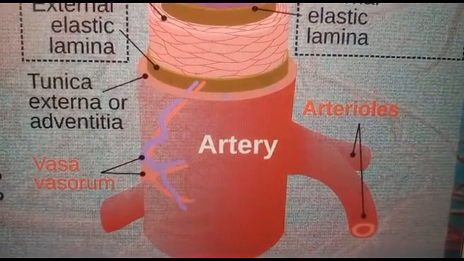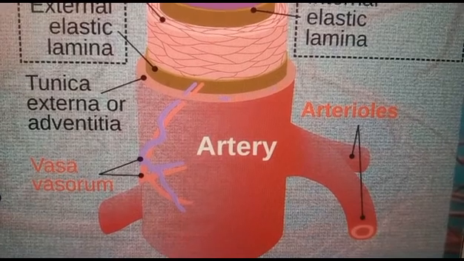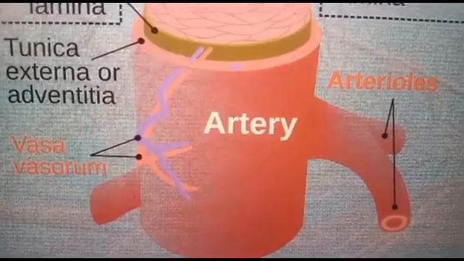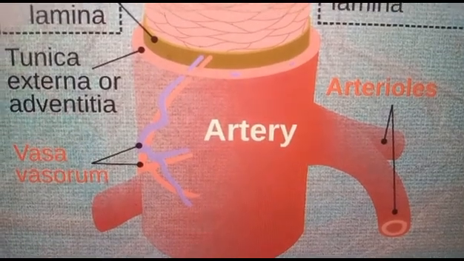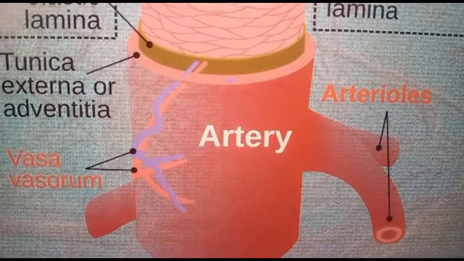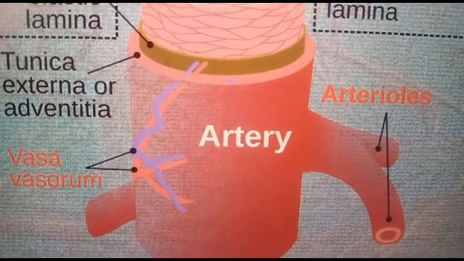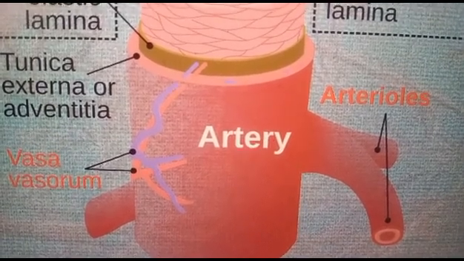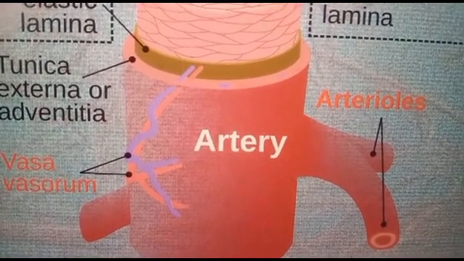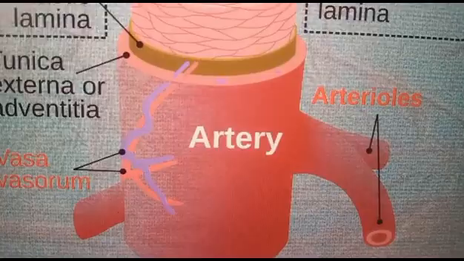Arteries have strong muscular walls made of a dense layer of smooth muscle and elastic tissue, which enable them to alter in diameter in response to pressure change.